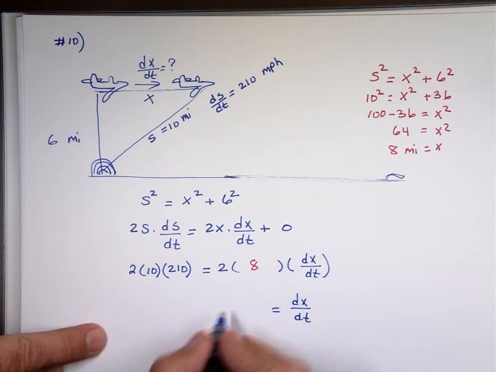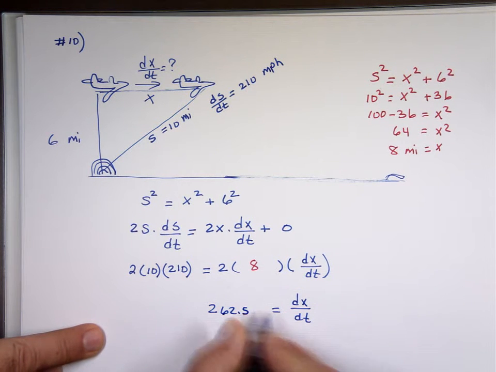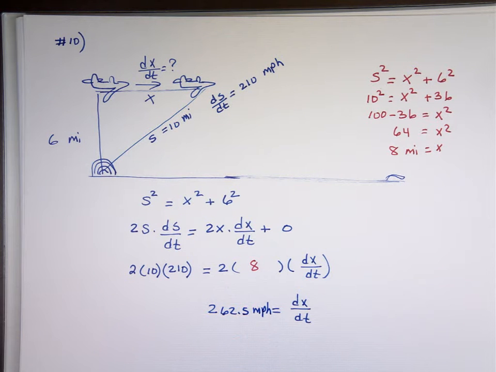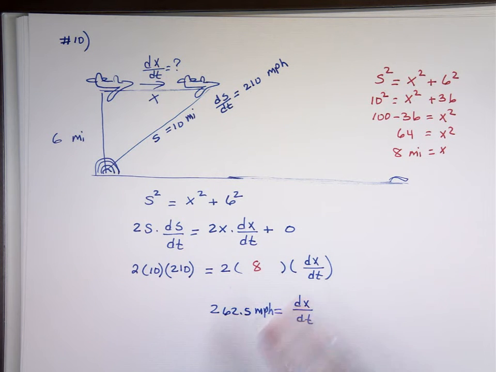The speed of the plane is 262.5 miles per hour. So if I know how far George Washington Bridge is from Bradley, I can divide that distance by the speed. That'll tell me how many minutes before I get there.